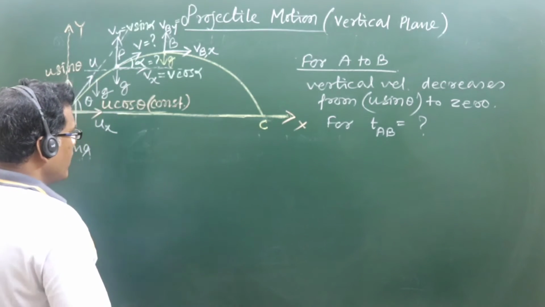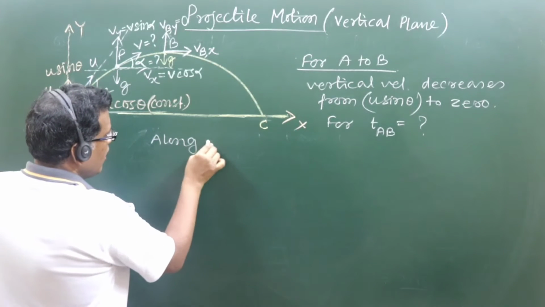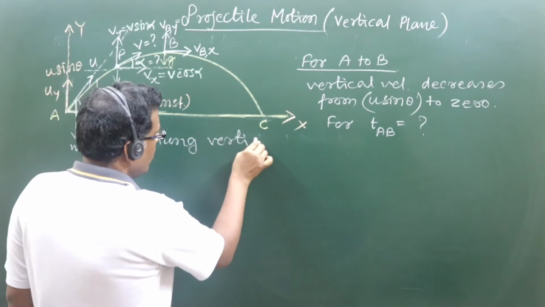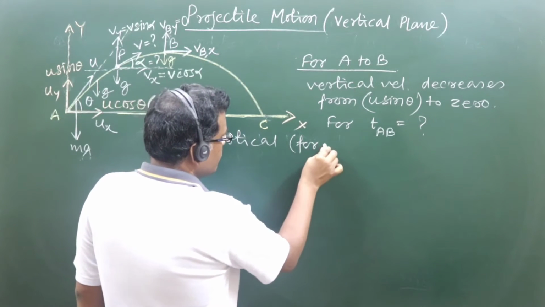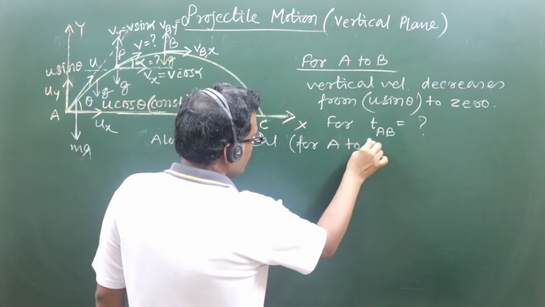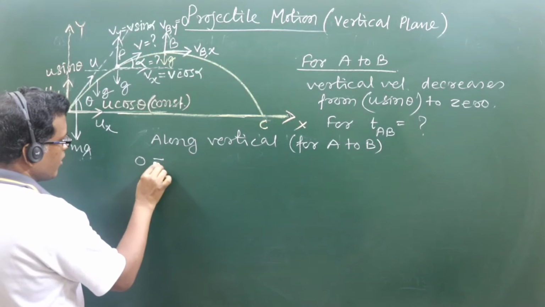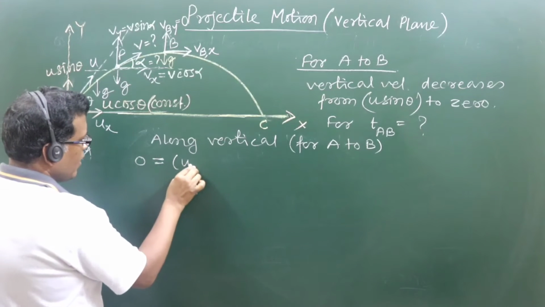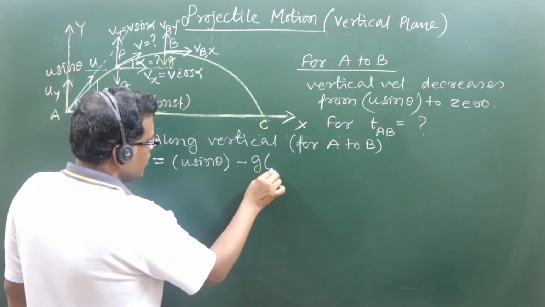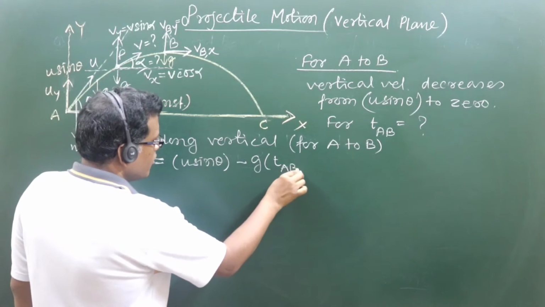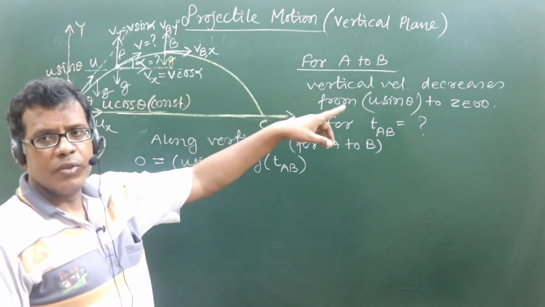So what we can do then, along vertical for A to B, we can write it like this. At B the vertical velocity is 0, at A the vertical velocity is u sin theta, minus g into TAB. So during TAB time the vertical velocity decreases from u sin theta to 0.